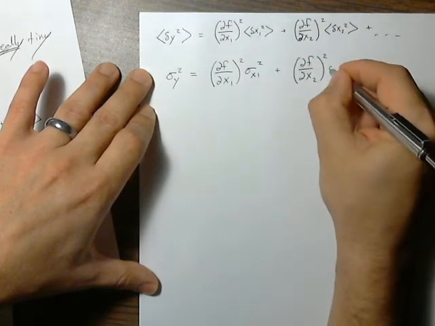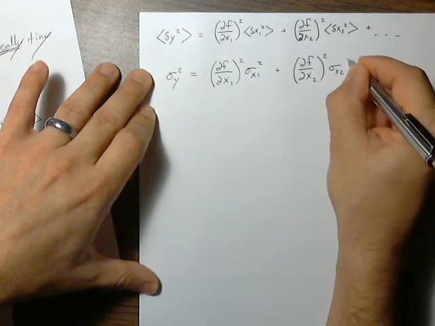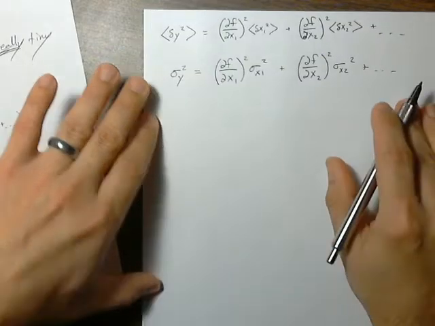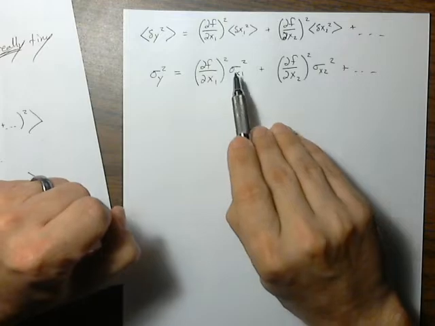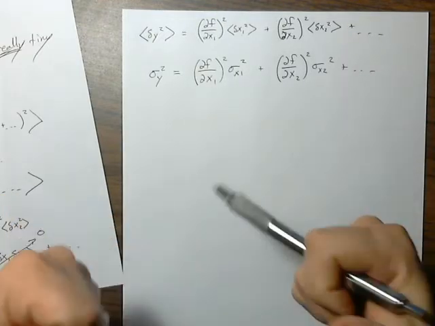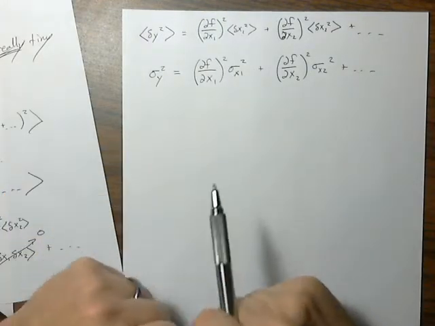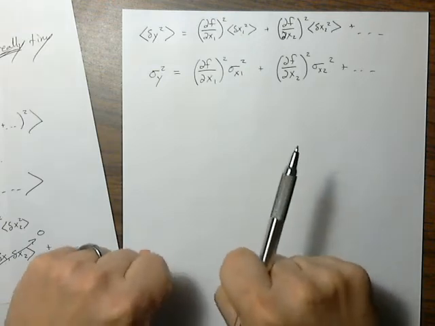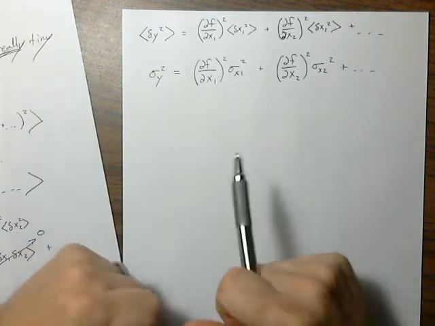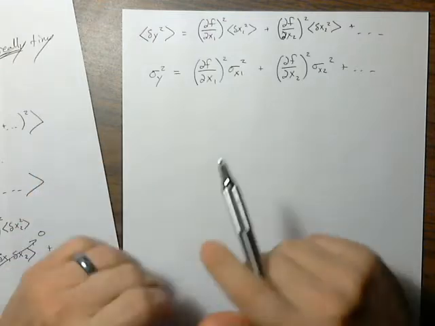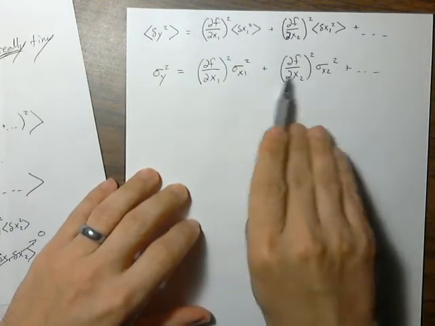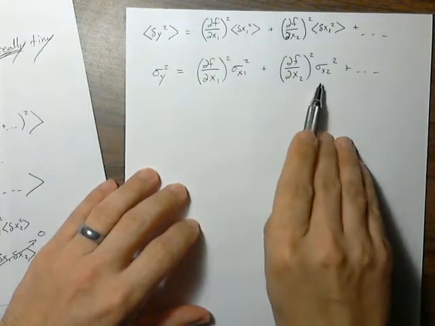Sorry, that should be squared. When you have a confluence of multiple sources of randomness, you can just add the variances of each. As long as those random sources are uncorrelated, remember that was an assumption we made, then it's this simple, right? The variance in y is merely the sum of the variances due to each of these independent sources.